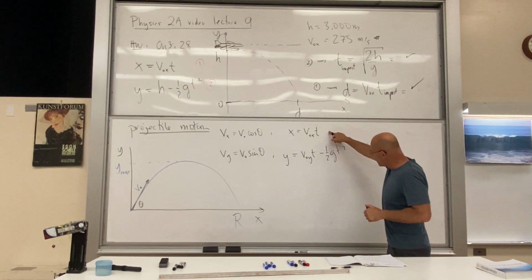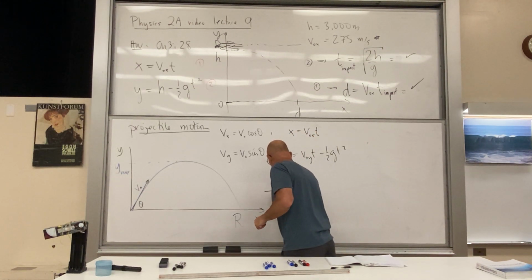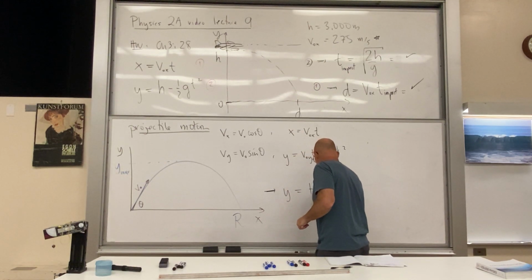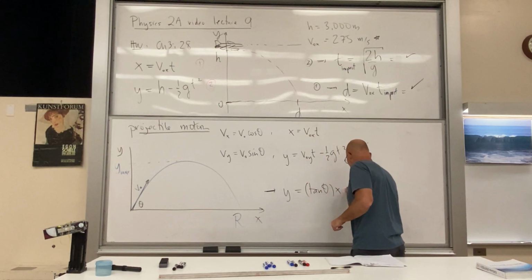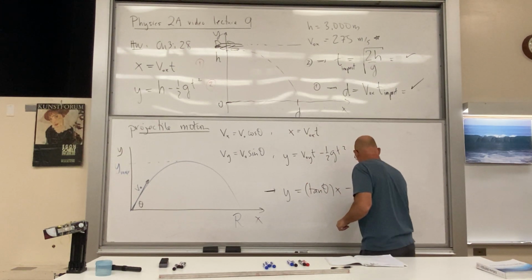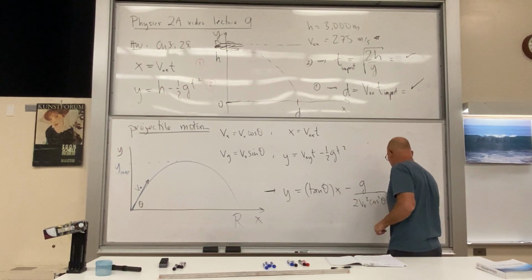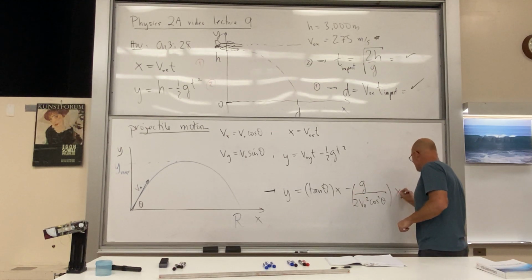And we plugged one into the other last time, and we found y is equal to tangent of theta, I'll put parentheses here, x minus g over 2 v0 squared cosine squared theta times, I'll put parentheses here as well, times x squared.